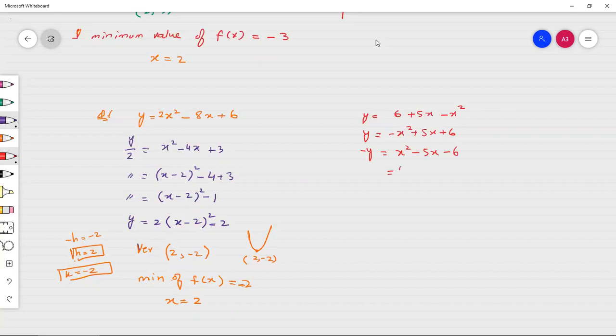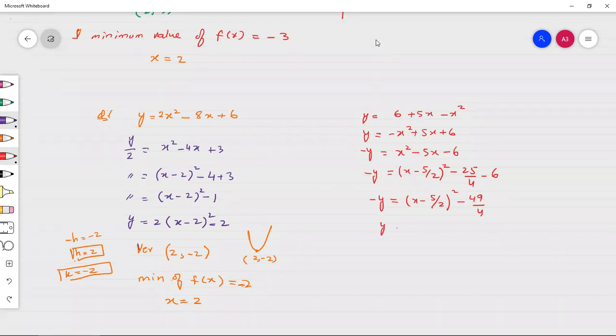Change into complete square form: x minus 5 by 2 whole square, and minus 25 by 4 minus 6, minus y. It would be x minus 5 by 2 whole square, and 4 sixes are 24, it would be minus 49 by 4. And last of all, you have to multiply this negative sign on this side.